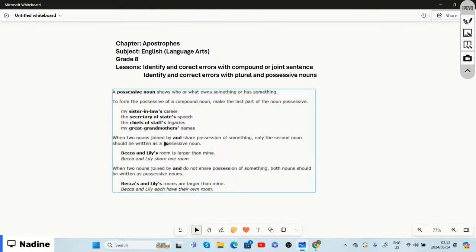All right. And then we have Baker and Lily's, right? Just look at that example. It's like where we say Baker and Lily's room is larger than mine.